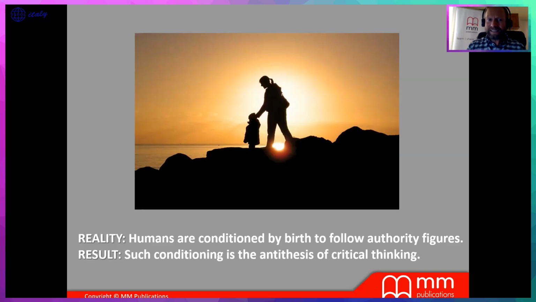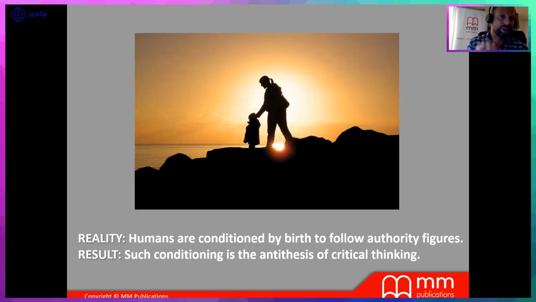The result is that such conditioning is the antithesis of critical thinking, because when you are supposed to follow the rules that your parents are guiding you with, and you have to go with what they are recommending or demanding from you, this does not leave that much room for critical thinking.